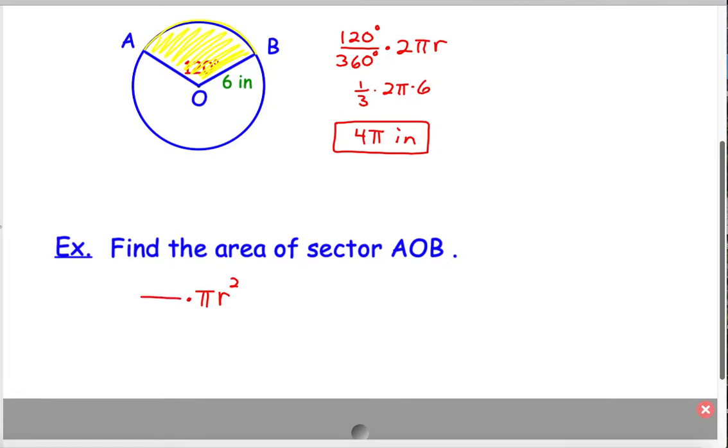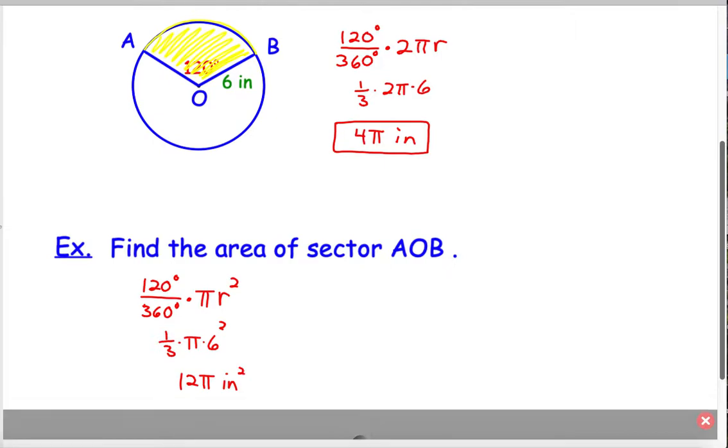So just like we did with the arc length, what fraction are we dealing with? For this example, 120 degrees out of 360 degrees, or 1/3. And our radius is 6, so 6 squared. 36 divided by 3 is 12, so we get 12 times pi, or around 37-ish, and this would be inches squared because we're dealing with area.